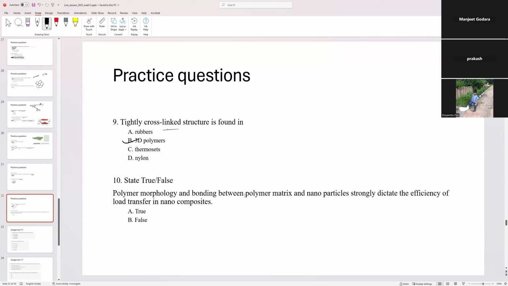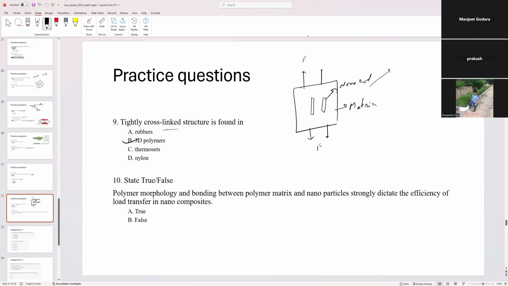Polymer morphology and bonding between polymer and matrix and the particle strongly dictate efficiency of load transfer in the nanocomposite. So suppose you have your nanocomposite, you have your nanorods, and you are applying force. These are nanorods, and this is your matrix.